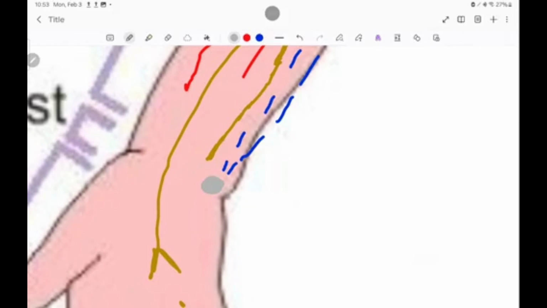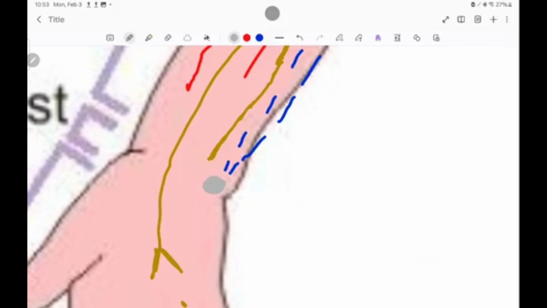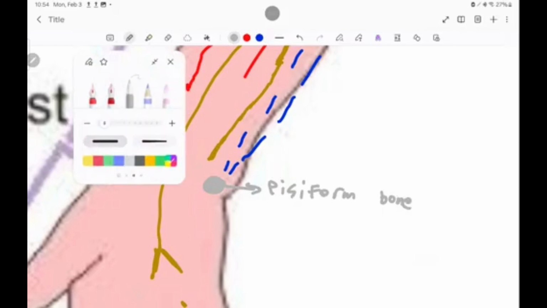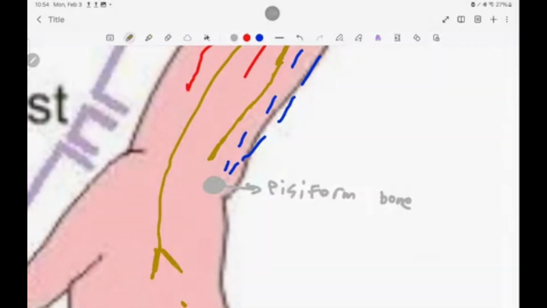Okay. So the pisiform is the most medial carpal bone of the first row. So this is the pisiform bone, and the ulnar nerve is lateral to it. Okay. I'll continue.